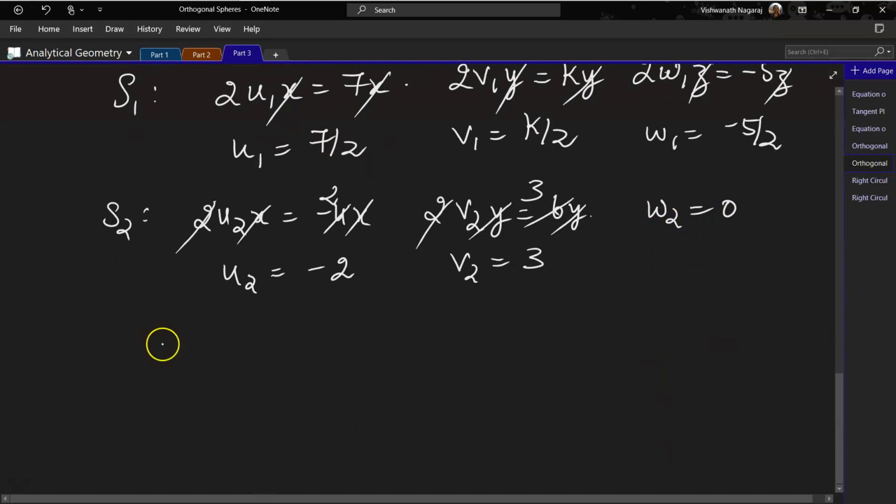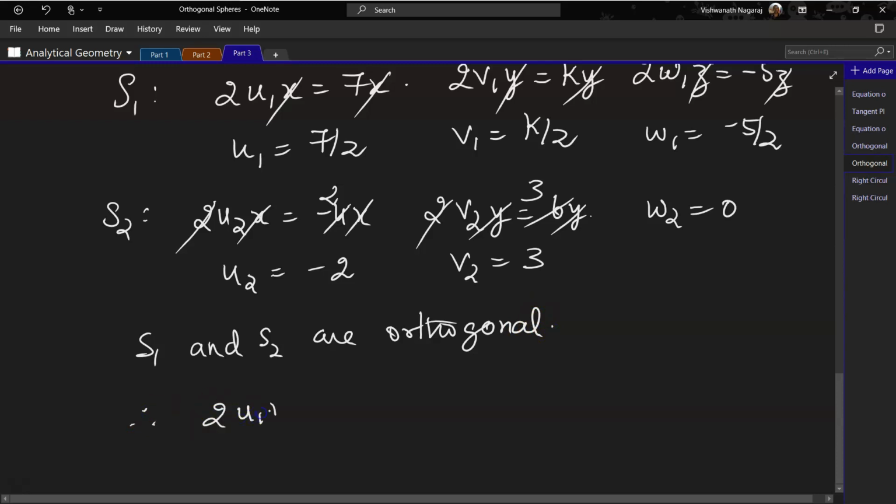Now we know S1 and S2 are orthogonal. Therefore, 2u1u2 plus 2v1v2 plus 2w1w2 is equal to d1 plus d2.